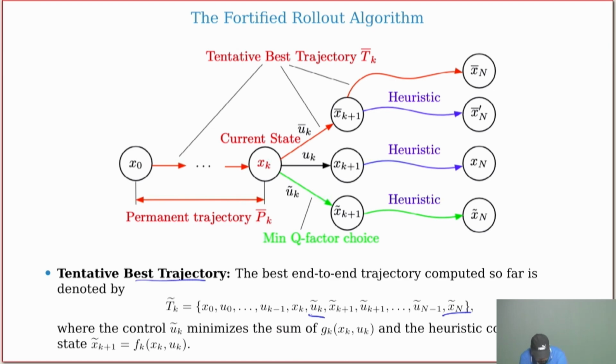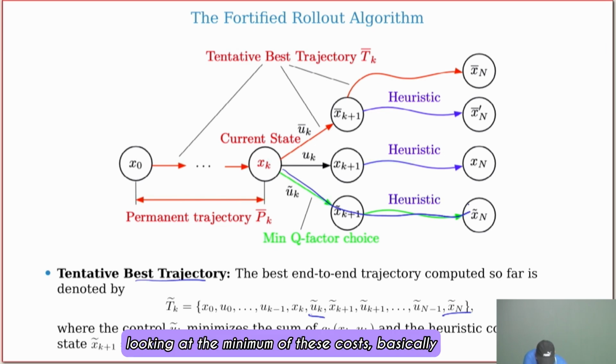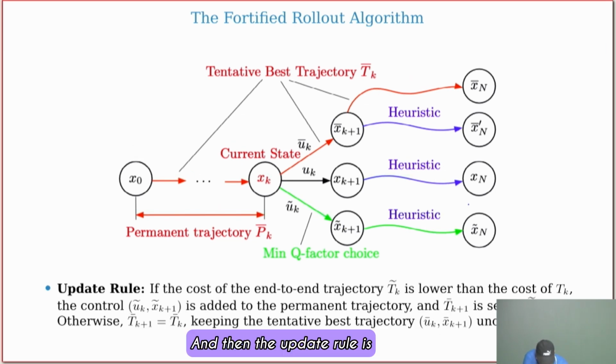This is your tentative base trajectory, looking at the minimum of these costs, and then the update rule is: if the cost of the end-to-end trajectory Tk tilde is lower than the cost of Tk.